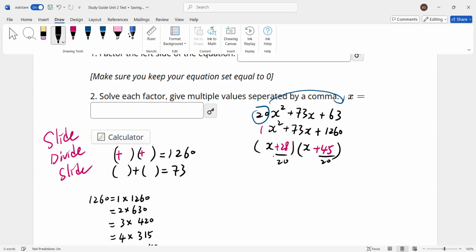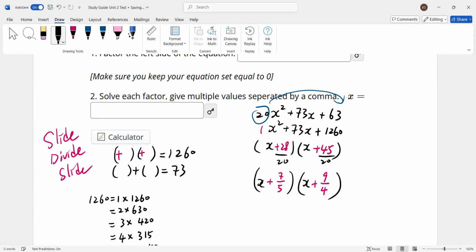Right after we divide, we have to simplify the two fractions. We can simplify 28 over 20 as 7 over 5 because they have common factor 4. We can simplify 45 over 20 as 9 over 4. Let me double check.